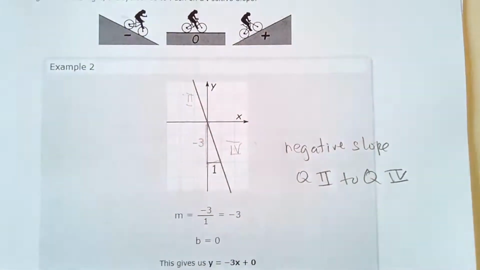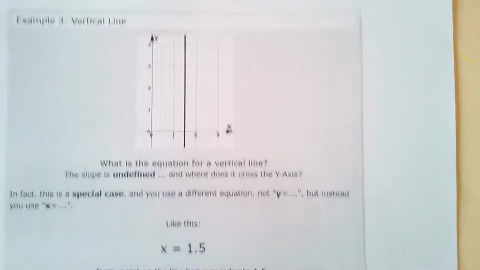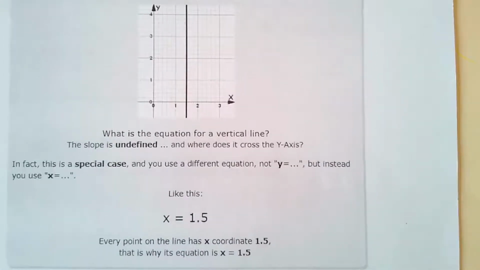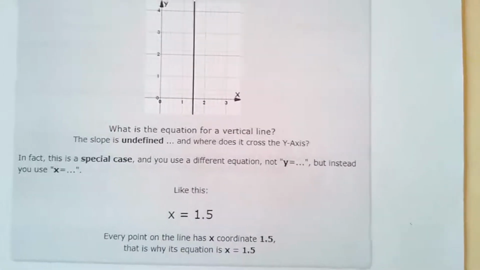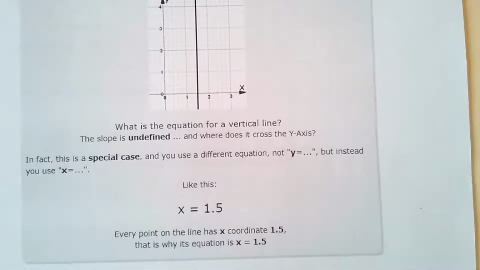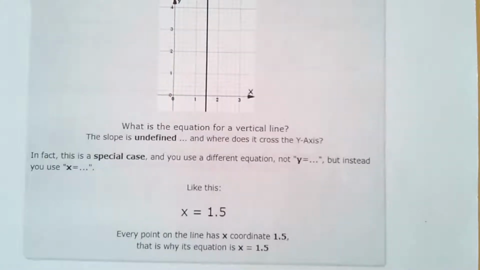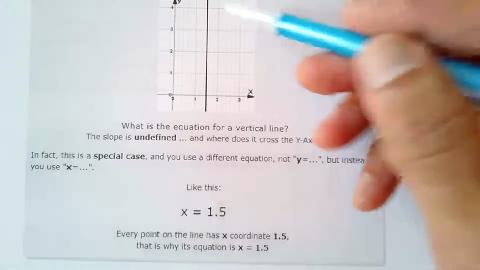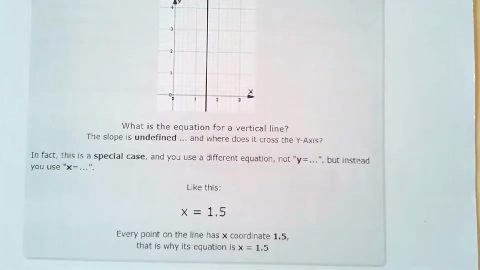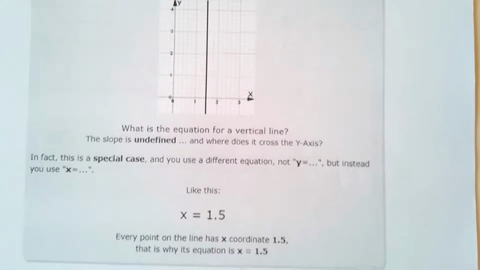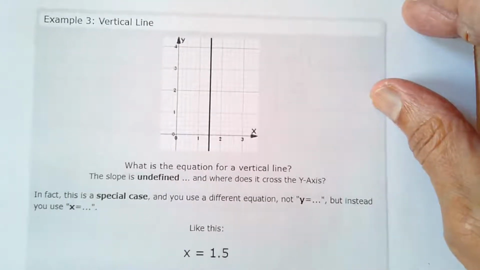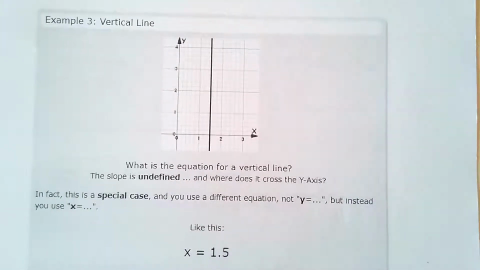Let's go on to special cases. If you have a vertical line, it's referred to as undefined. It's a special case. For a vertical line, there's no slope. It's not a zero slope. There's no slope, or you can say it's undefined.